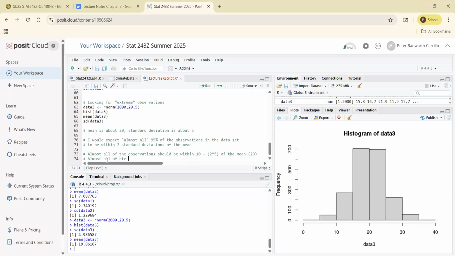So almost all of the observations should be between 10 and 30. If we look at our histogram, we could see that almost all of our observations are between 10 and 30, exactly what we would expect.